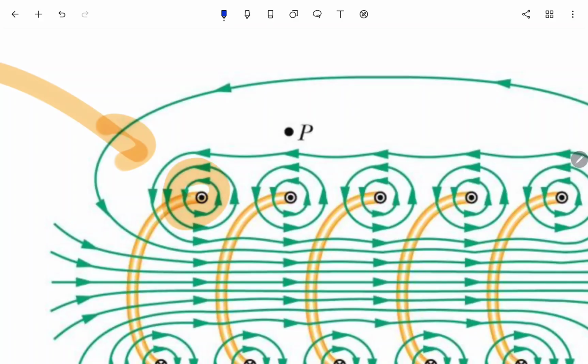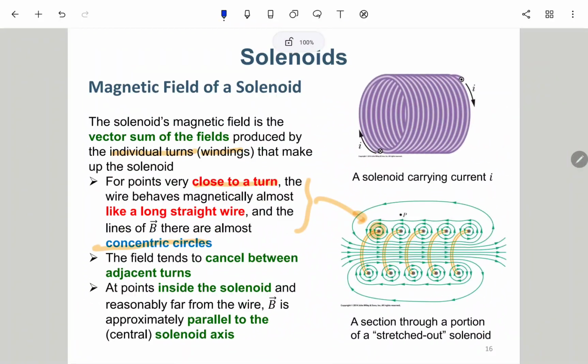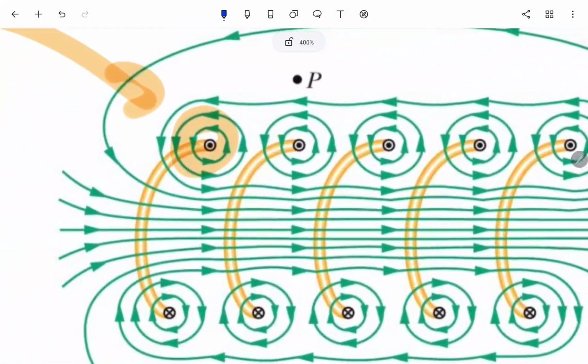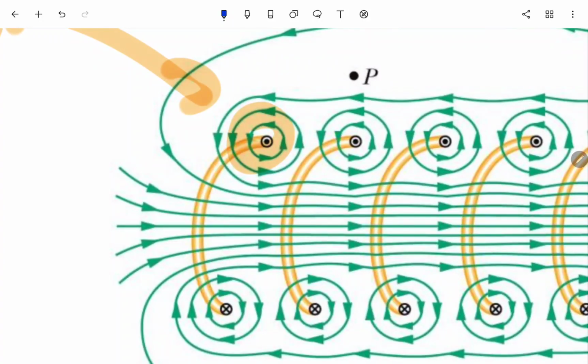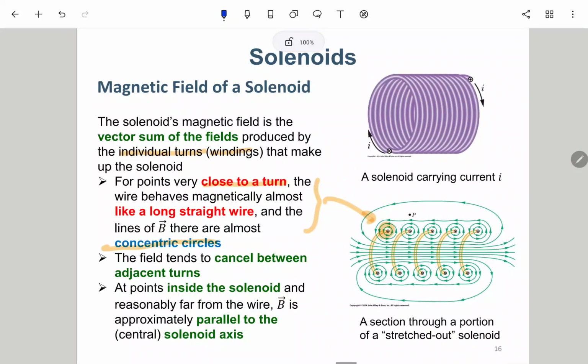On the left side, it will be approximately concentric circles around a turn, and on the right side, concentric circles for another turn. So for the second point, the field tends to cancel between adjacent turns, just as I mentioned.